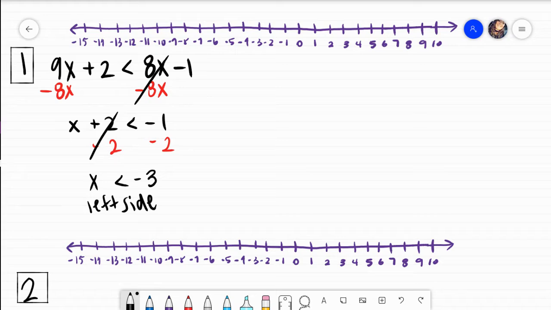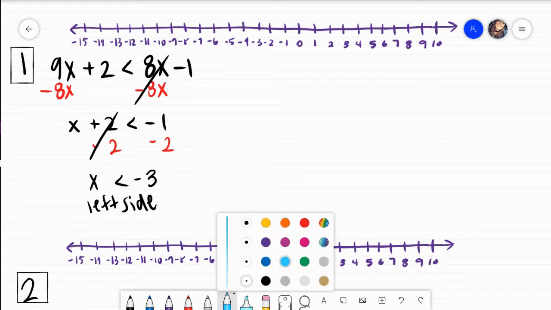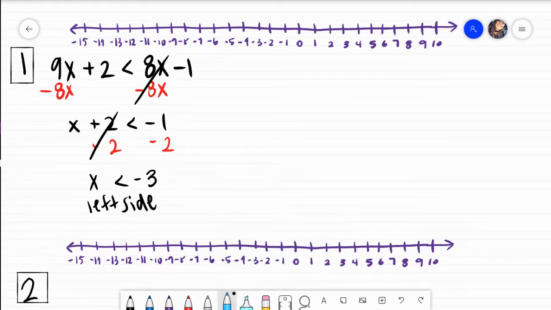So I'm going to go to negative 3 on the number line and draw my parenthesis. Because my values are less than negative 3, it's going to open up to the left, because all of the numbers on the left-hand side of negative 3 are going to be smaller than negative 3. It didn't tell me to stop, so I just draw an arrow going right there.